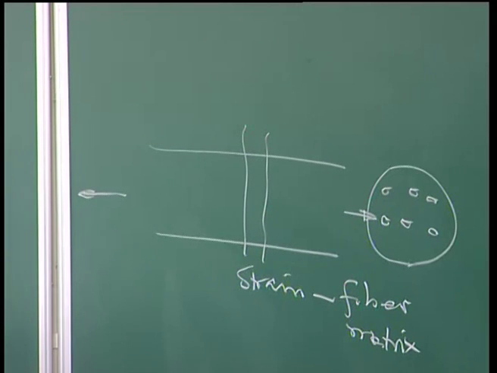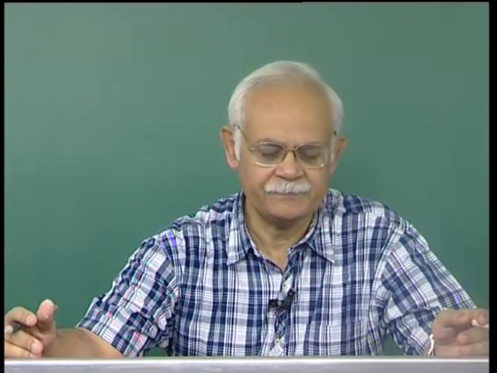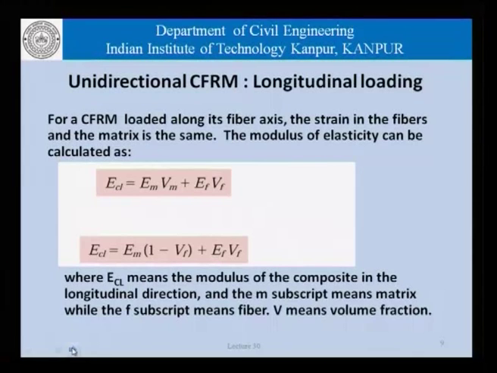And under those conditions, if we apply simple rules of stress and strain, we will get the equations which are given here, that is E_CL will be equal to E_M times V_M plus E_F times V_F, which can be written, because the volume of the matrix is nothing but 1 minus the volume fraction of the fiber, as E_M times (1 minus V_F) plus E_F times V_F.